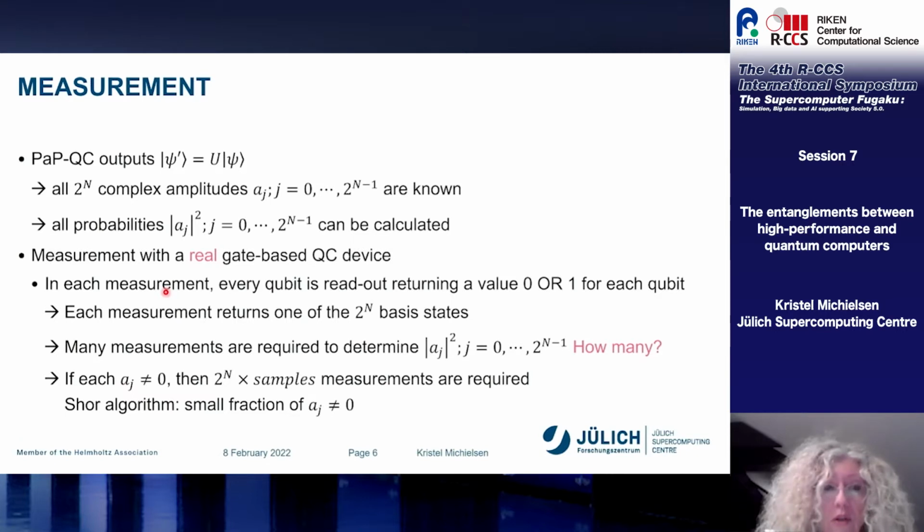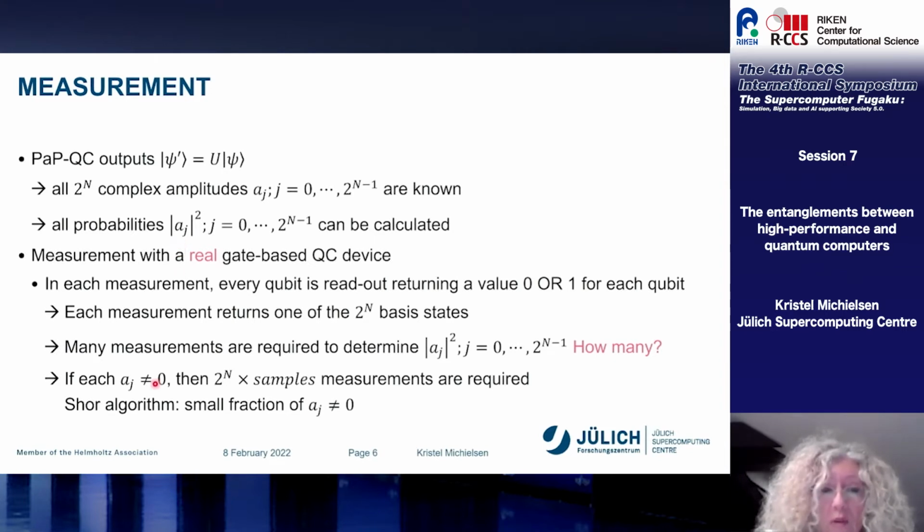So each measurement, we could say, returns one of the 2 to the power n basis states. Now, if we then want to get information about these probabilities, then we have to perform many measurements. And the question is, how many times do we have to measure?